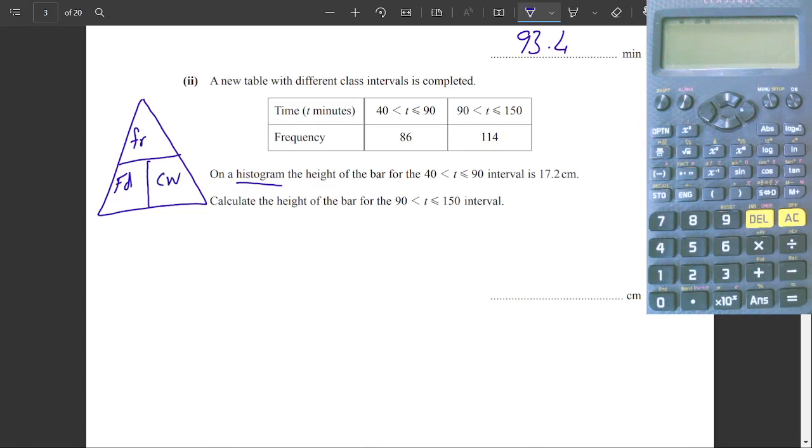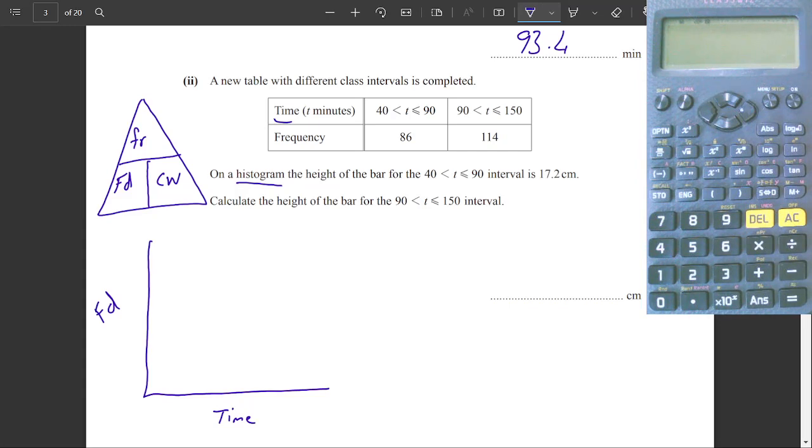What does that mean? All right, remember now, if you got a histogram, on the vertical axis is where you have the frequency density. On the bottom axis, in this case, we'll have the time, and the time here will have the classes.